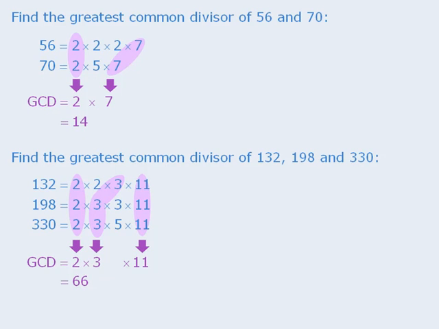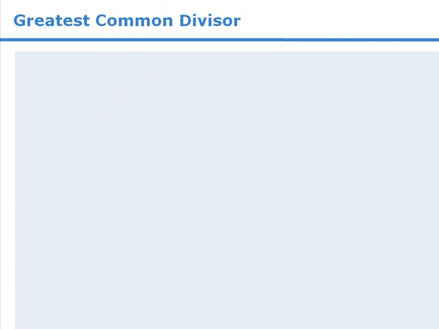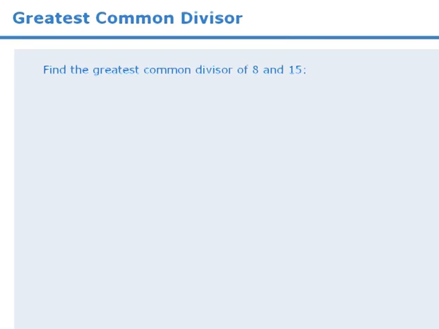So that's the systematic way to find the greatest common divisor. This technique works for large numbers, and it is also very useful for gaining insight into questions involving greatest common divisors. Now you might be wondering, what happens if you have two numbers that do not share any prime factors? For example, let's say you want to find the greatest common divisor of 8 and 15.